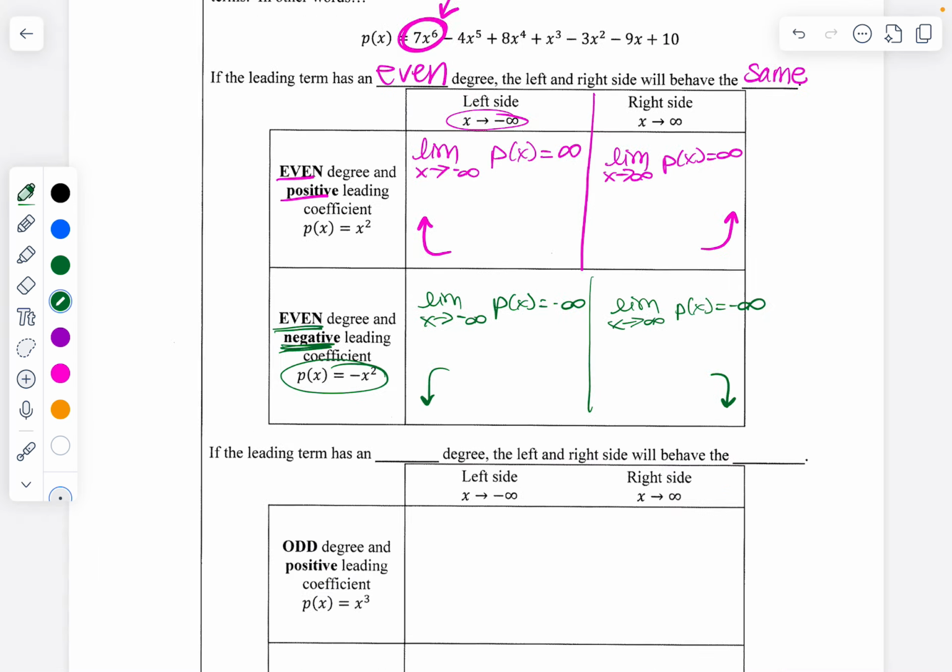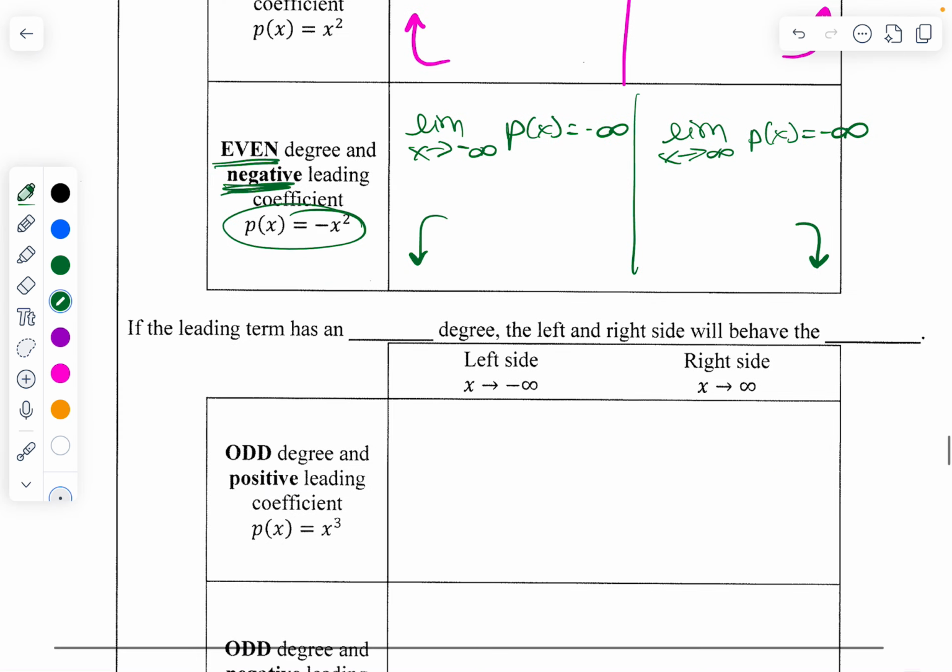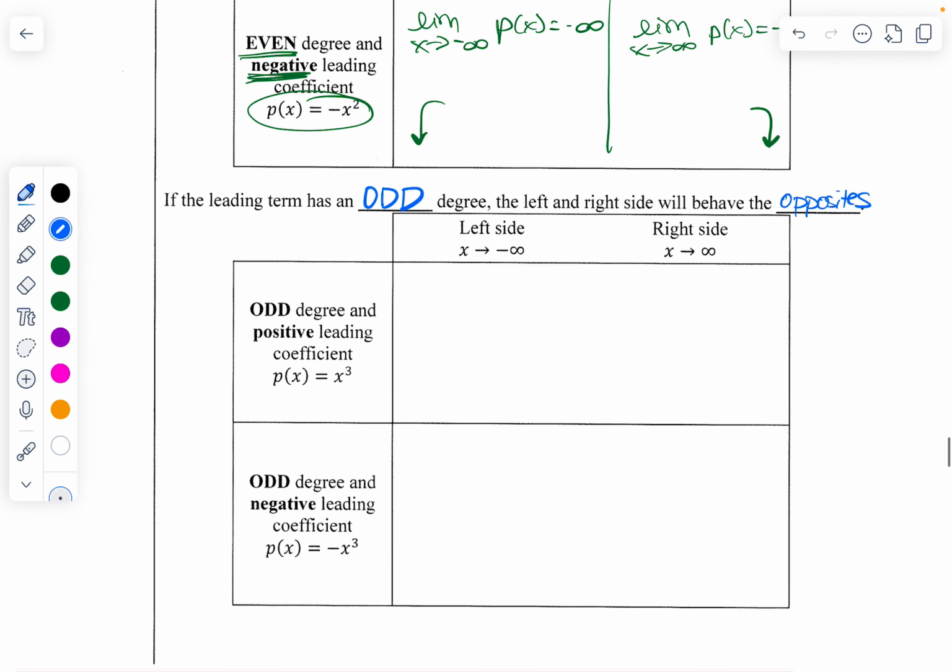If the leading term has an odd degree, though, the left and right side will behave oppositely, or as opposites. Okay, remember the right side is dictated by whether it's positive or negative.